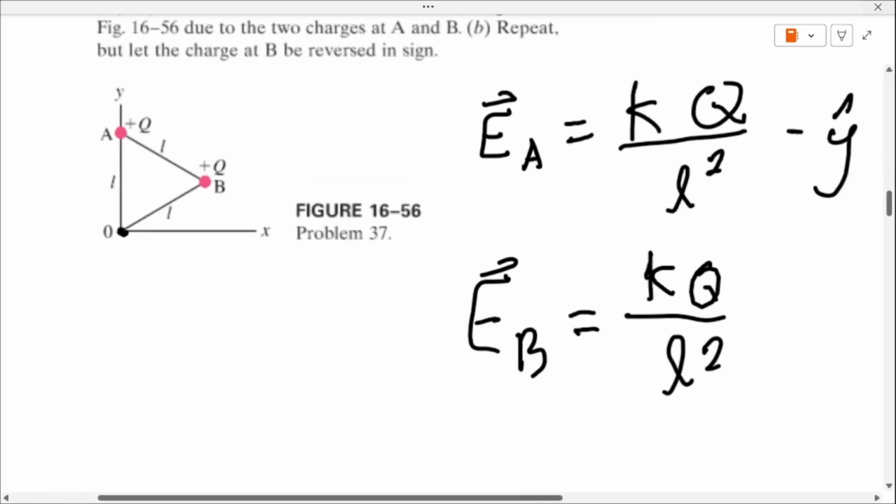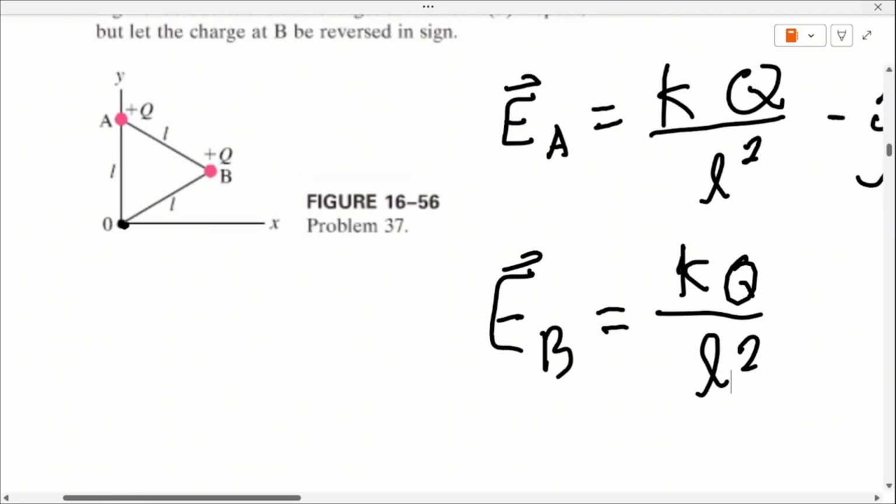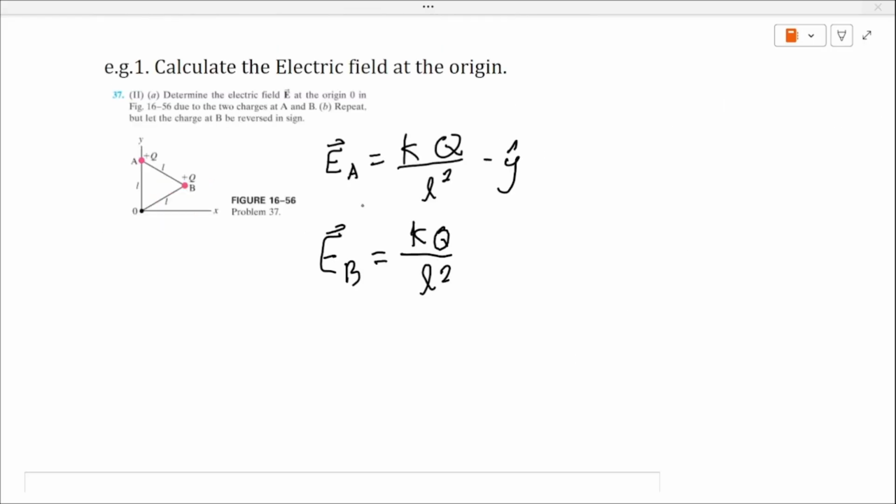We know it's 30 degrees because if this right here is an isosceles triangle, we know each of these angles is 60 degrees. And if this angle right here is 60 degrees, then this angle has to be 30 degrees because they both add up to 90. So EB is directed 30 degrees from the origin, pointing towards the origin, just like this.